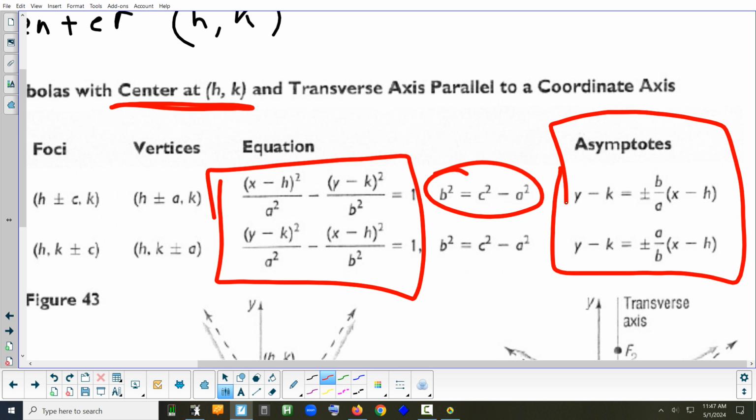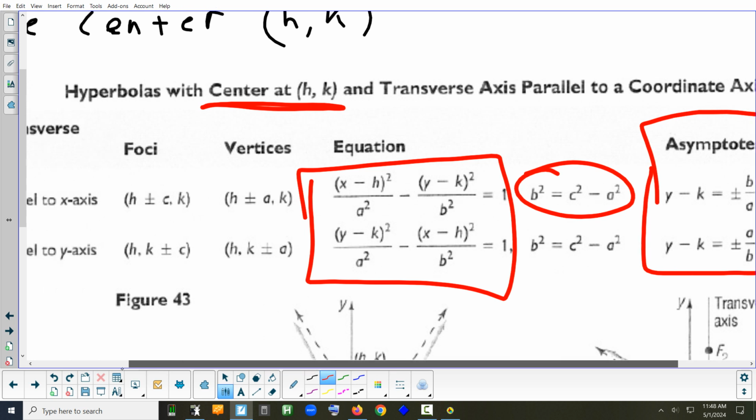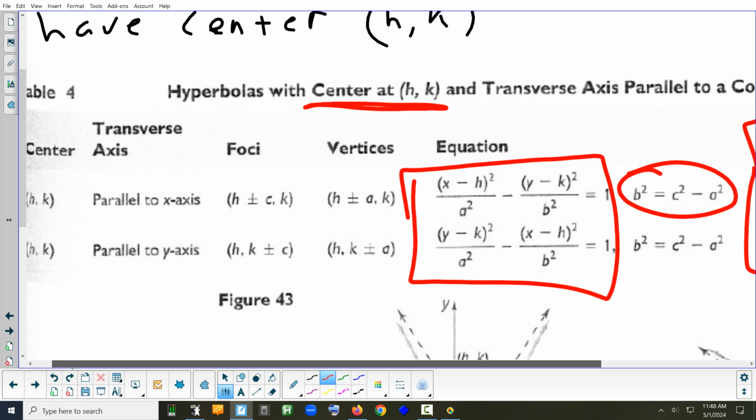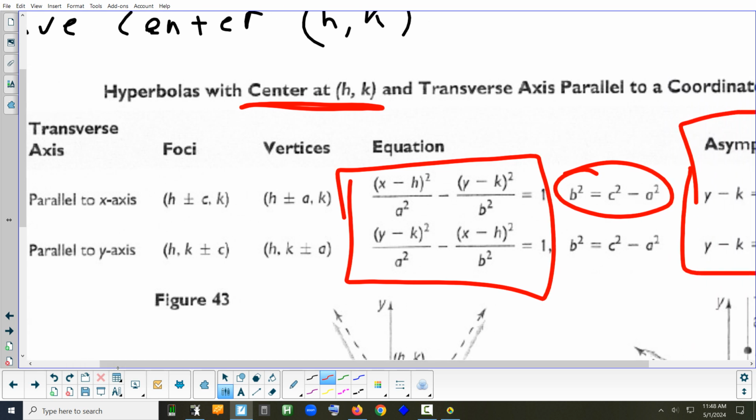That's all I need to know. If you don't really understand conics and what you're doing, then you might have to memorize every single thing in this table, just trying to write it down. But if you understand it, you don't have to memorize any of that really.